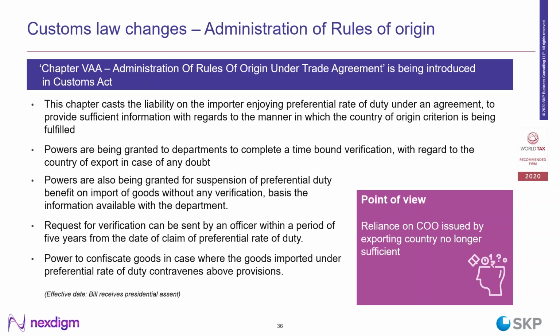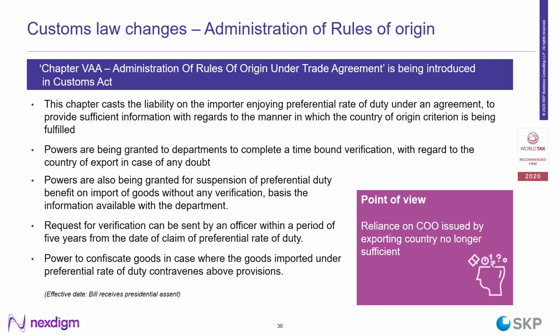So any importers in India who are looking to continually benefit from such trade agreements should gear up and begin complying in advance and collecting information, as the government can use this provision and ask for details before granting any customs concessions.